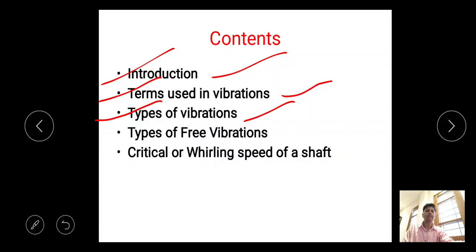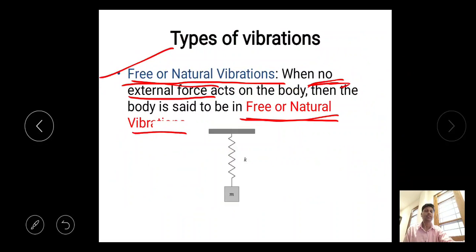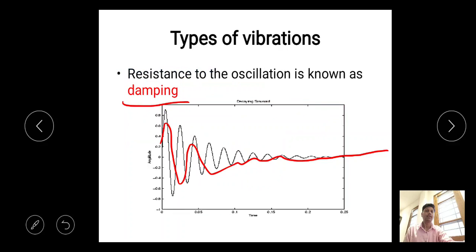Under free vibration, we have studied three types: longitudinal, transverse and torsional vibration. The last concept remaining is the critical or whirling speed of a shaft. We will discuss that.